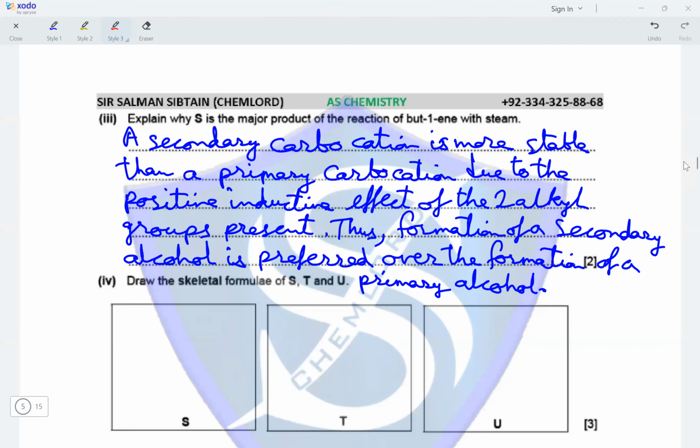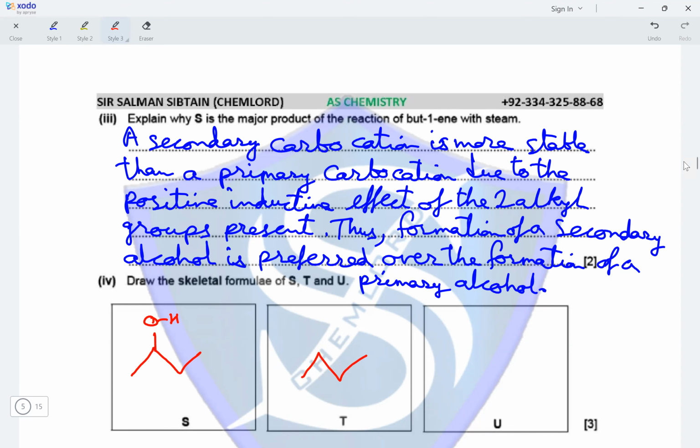Draw the skeletal formula of S, T, and U. So S is a secondary alcohol having four carbon atoms, so that would be called butan-2-ol. So that would be four carbon atoms with an OH group present on the second carbon atom. T would be a primary alcohol, so butan-1-ol.